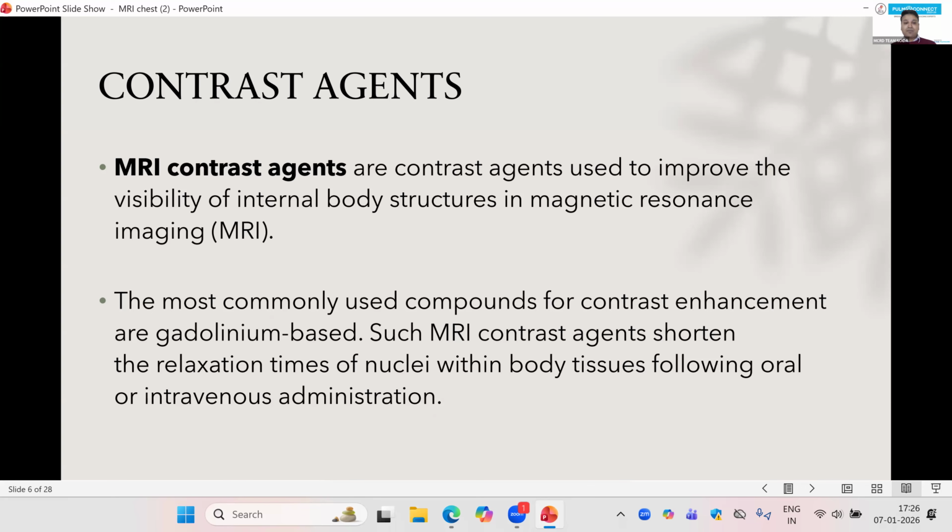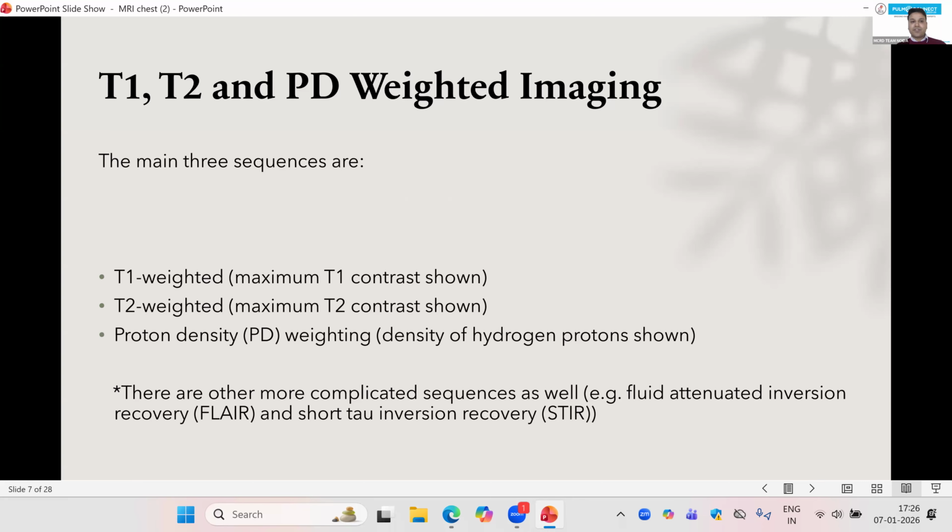We have some contrast agents. Most commonly, the contrast we give is gadolinium based contrast, which helps give a better resolution or imaging of the organs subjected to the MRI. So we get three kinds of images. First is T1 weighted images, second is T2 weighted images, and third is proton density weighted images.